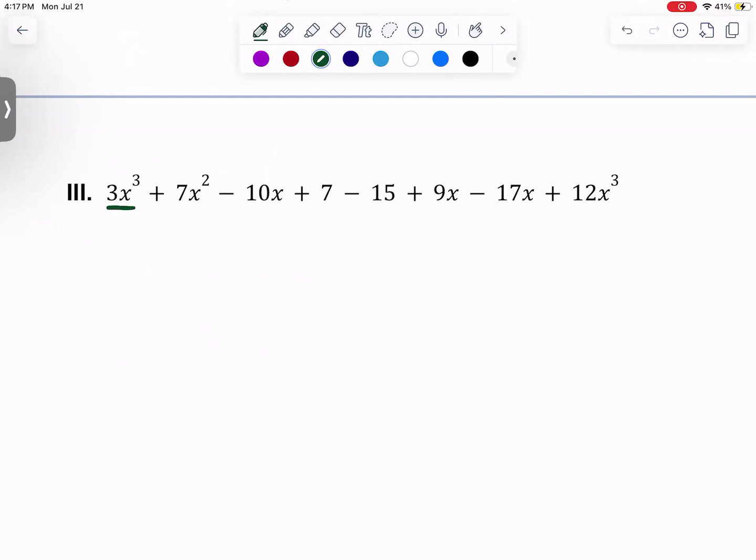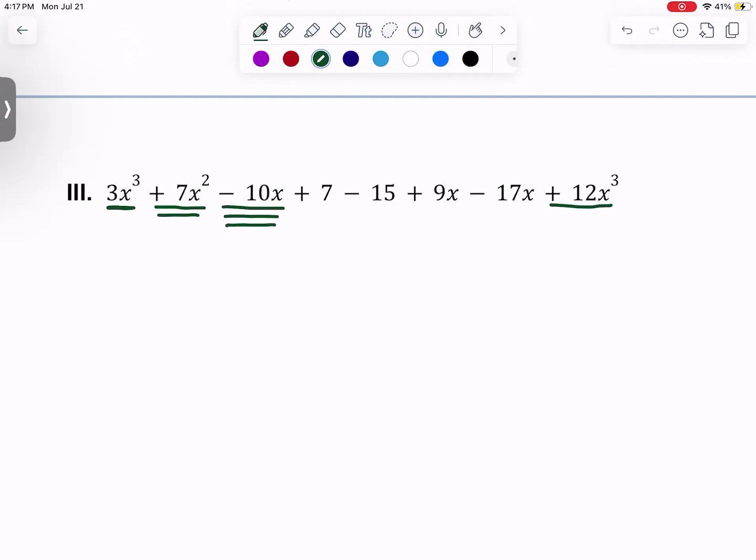Are there any like terms to it? Yeah, all the way at the back, there's a positive 12x to the third. Underline it. What's the next highest exponent? 2. 7x squared. Underline it 2 times. Are there any like terms? Nope. So we move on.